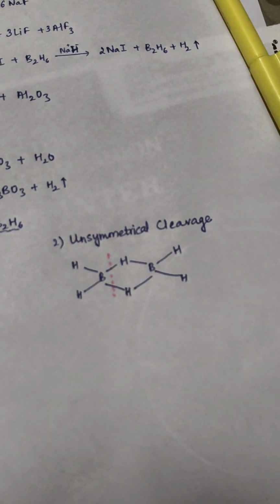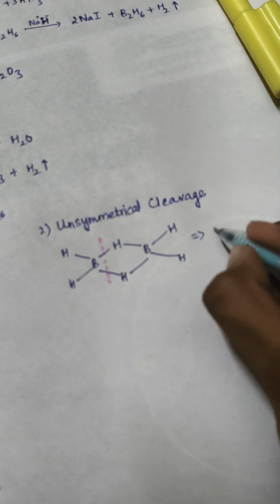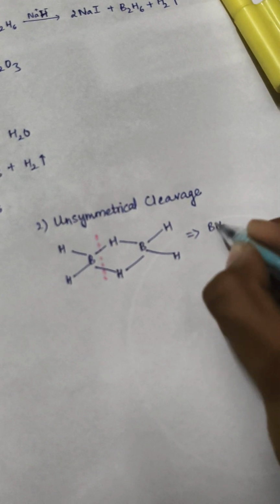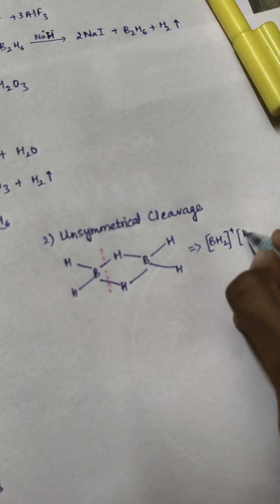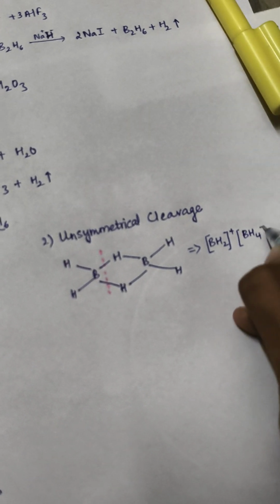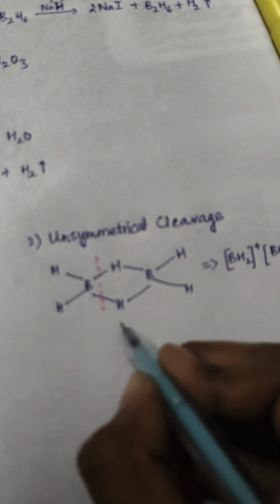You're cutting it here. This basically results in BH2 positive and BH4 negative. So this is how the compound is.